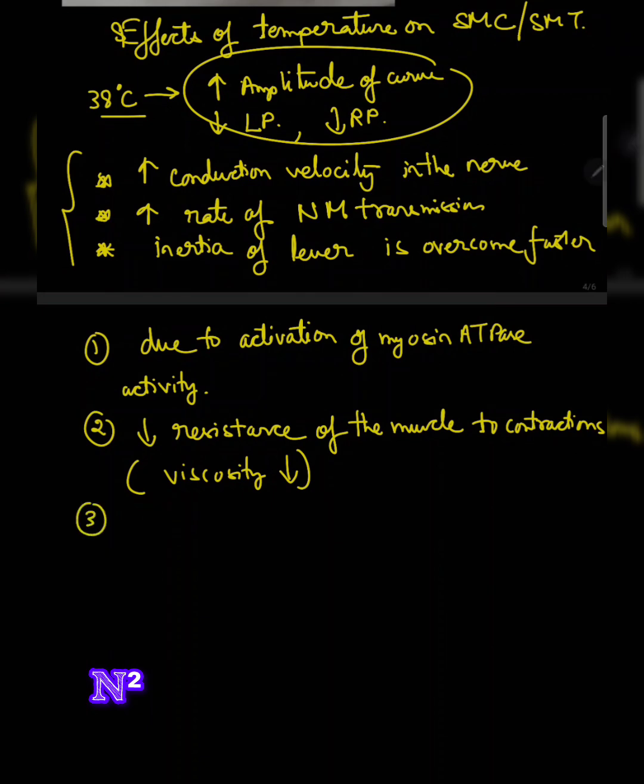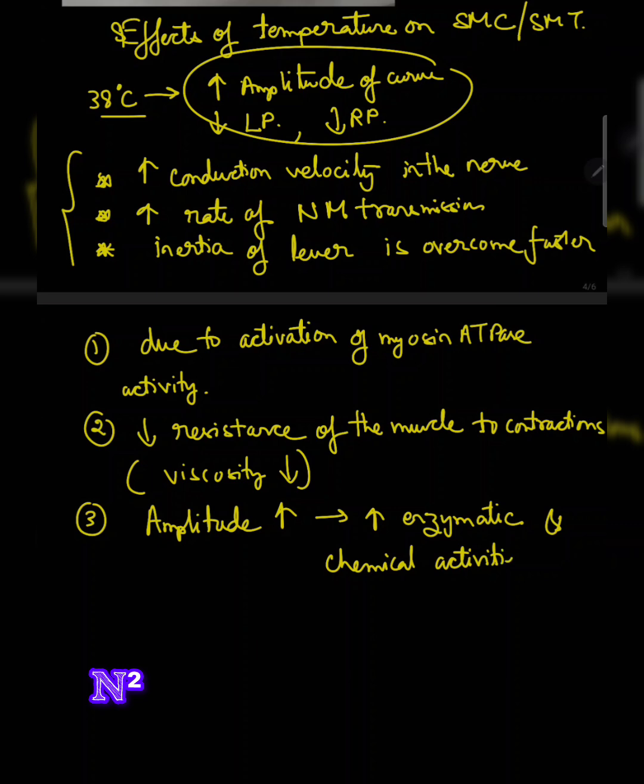And the third physiological significance is that the amplitude we are getting is higher at higher temperature because the amplitude of contraction increases, as there is increased enzymatic and chemical activities in the muscle. So these are the physiological significance taking place at higher temperature.